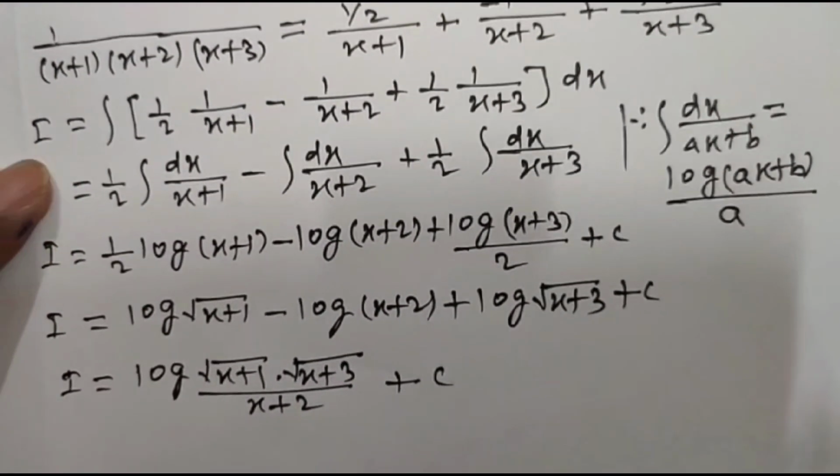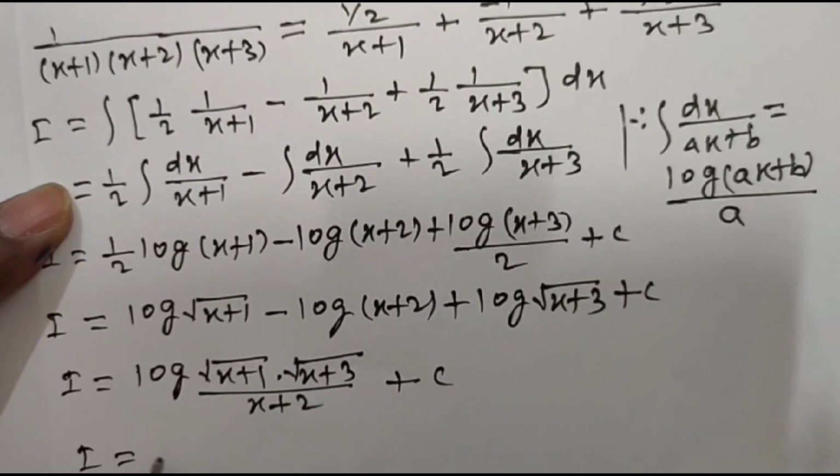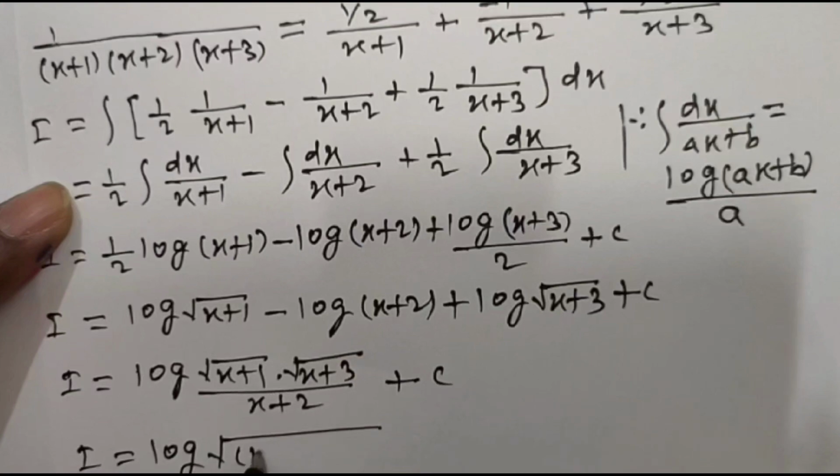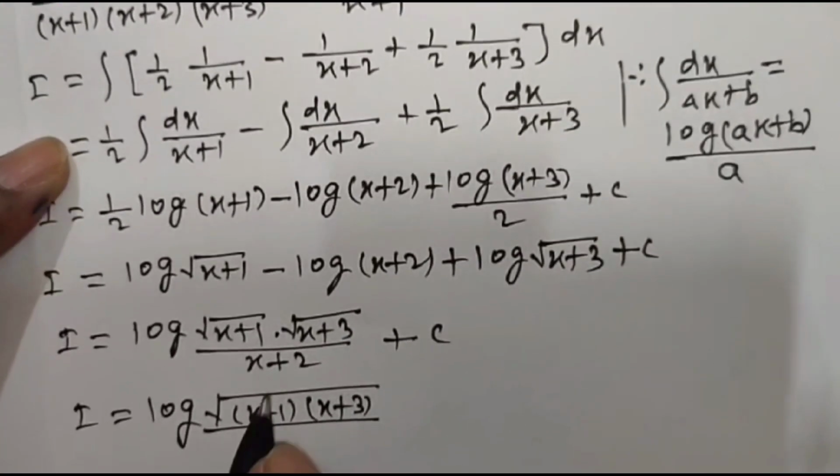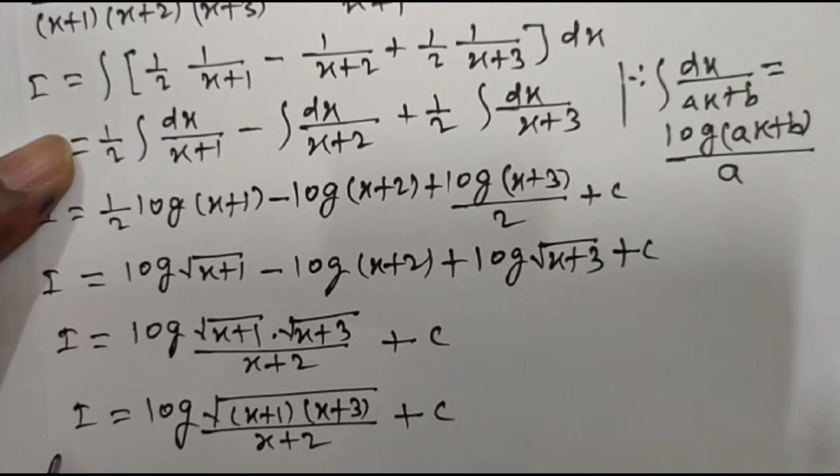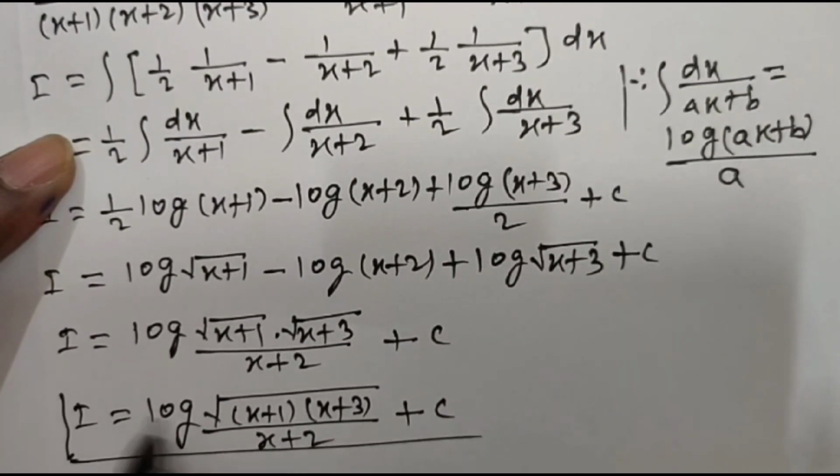And now here I is equal to logarithm of square root of, you can take multiplication of these two, x plus 1 into x plus 3 divided by x plus 2 plus integral constant c, and this is the value of the given integral.